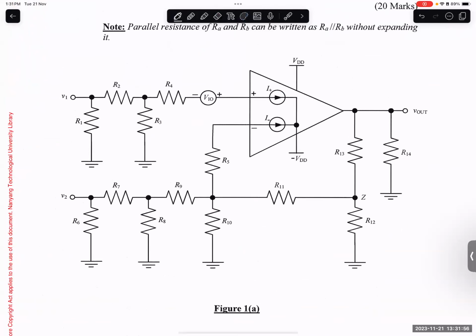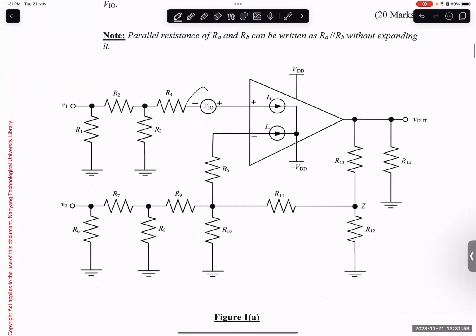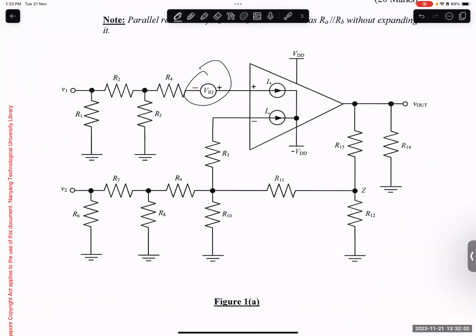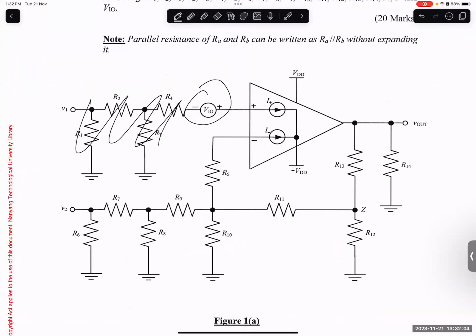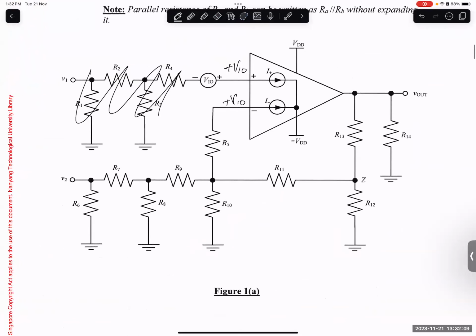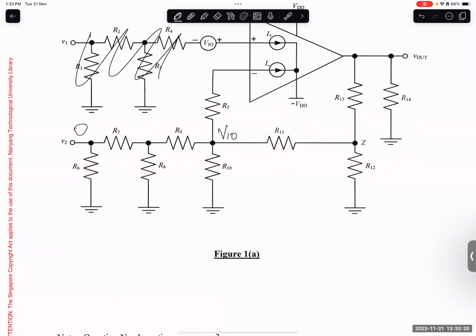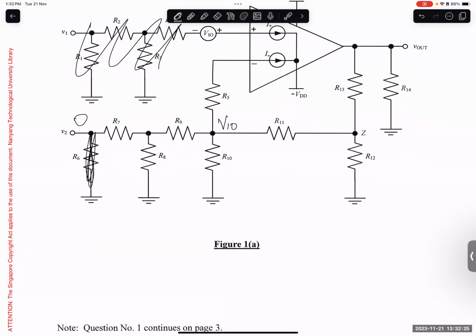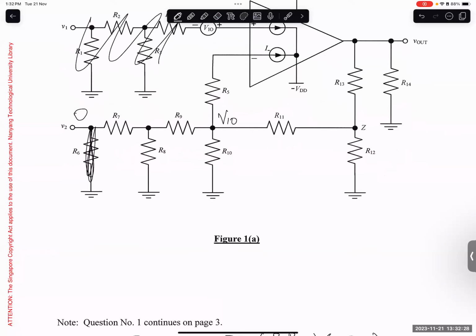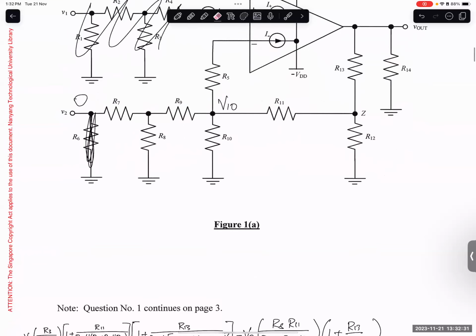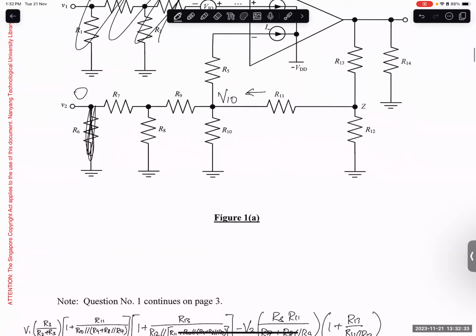Now we can calculate VIO. So here is 0 volt, so here is plus VIO, here is plus VIO. And then there's no current going through, so here is VIO. I can remove everything. So this is VIO, here is 0, 0 here. So there's nothing here, so you can ignore R6. Now we just need to find the current going here, actually going this way lah.